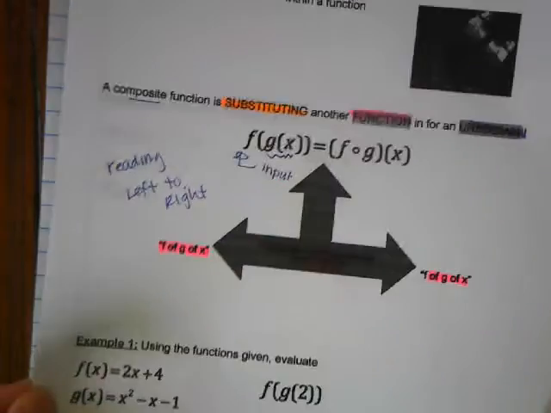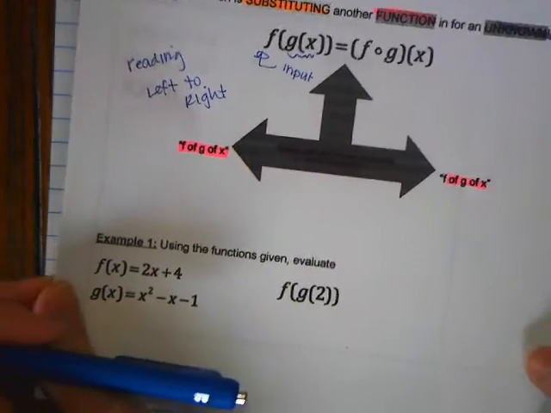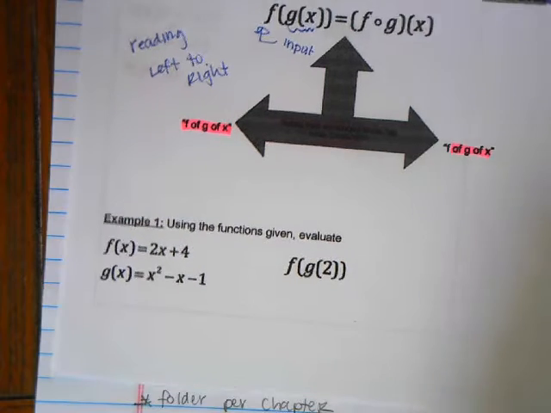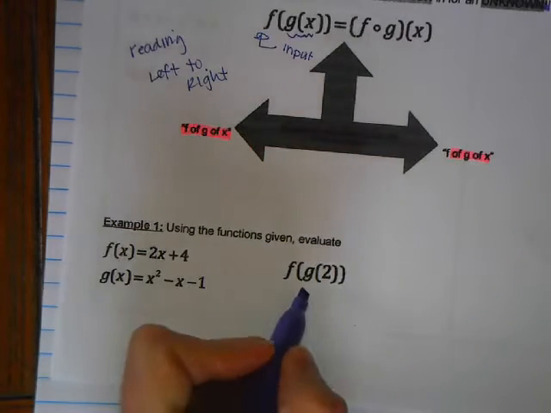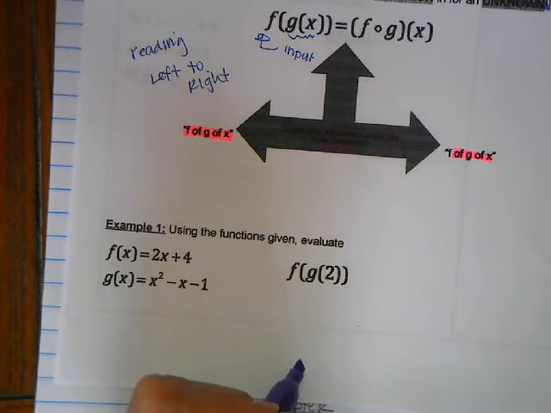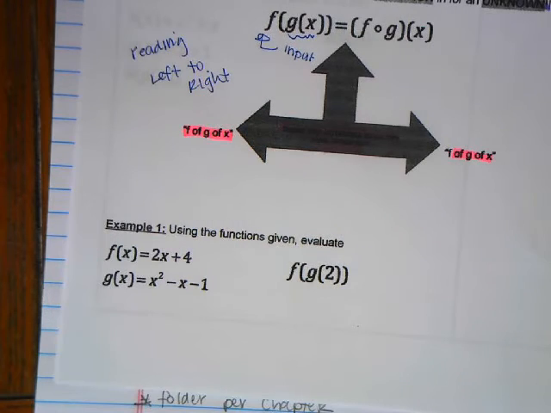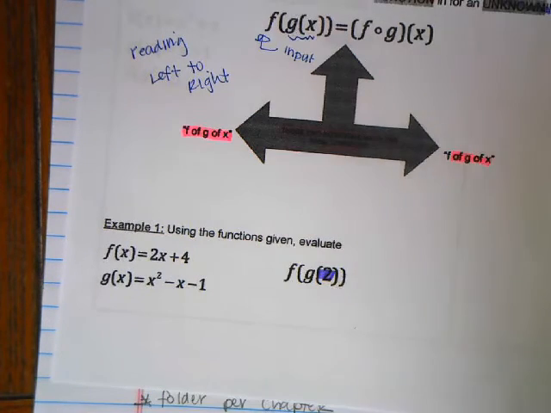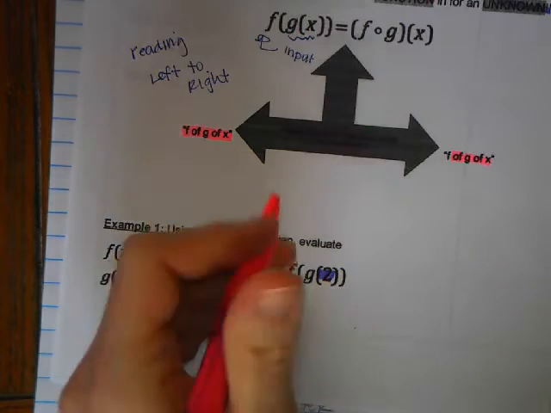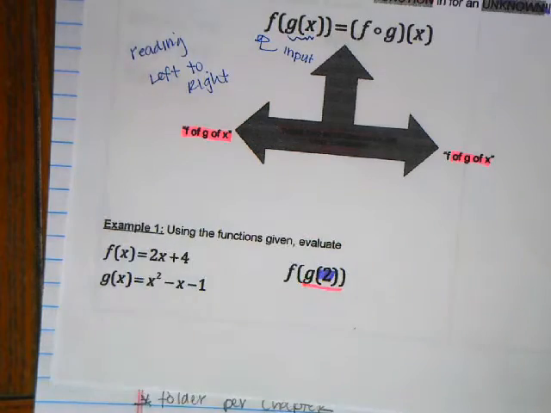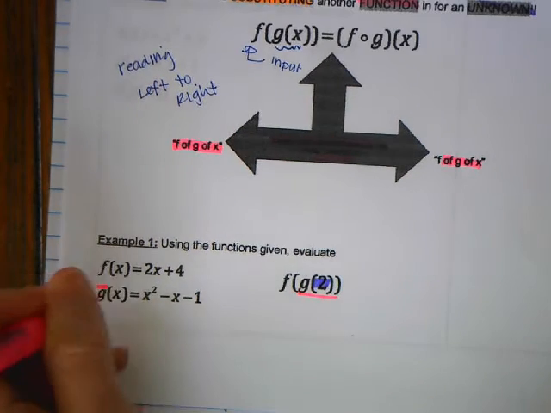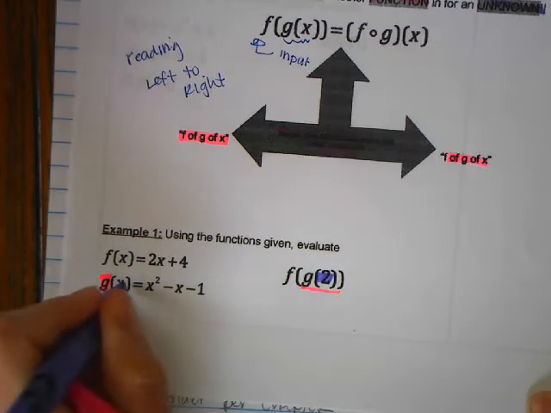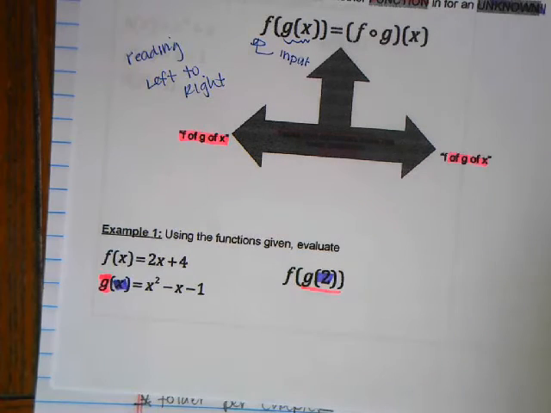So we have an example. Here are my two functions. I have an f function, I have a g function, and we are going to evaluate f of g of 2. So we start on the inside of our box. I'm going to input the number 2 into my g function, for x.